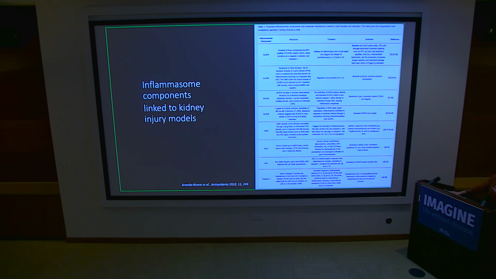ASC knockouts, you get a lot more protection when you use the cisplatin model. So there's a lot we have to learn about how these components are being regulated in vivo. That said, there's a huge interest in this area for kidney disease.